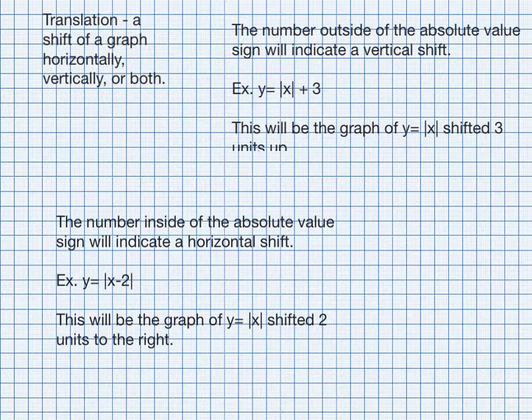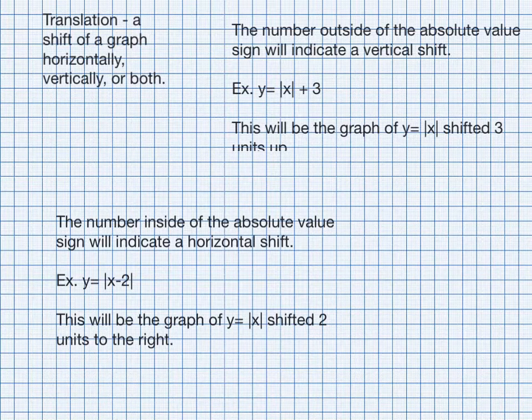For example, if we have y equals the absolute value of x plus 3, this plus 3 will indicate a vertical shift. This will be the graph of y equals the absolute value of x, which is the parent function, only shifted 3 units up. That plus 3 on the outside indicates that we will shift our graph 3 units up.